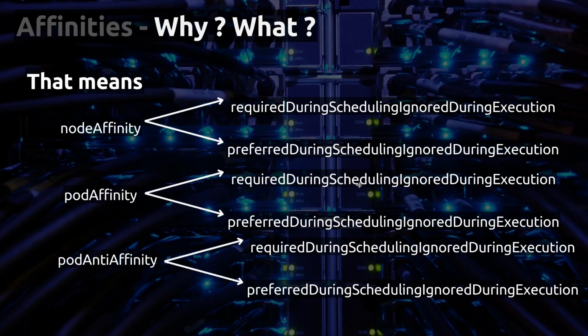It means that the scheduler inside the Kubernetes cluster, like we already saw in the previous video at the beginning of this playlist, has two phases: the filtering and the scoring.